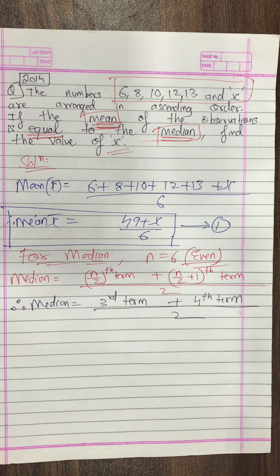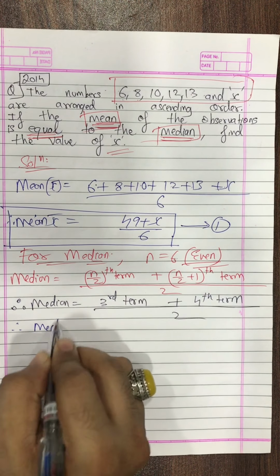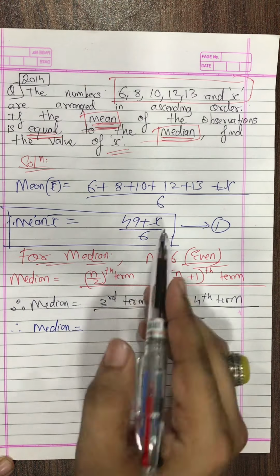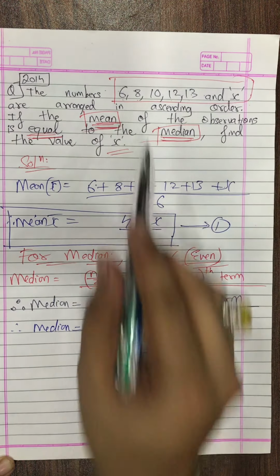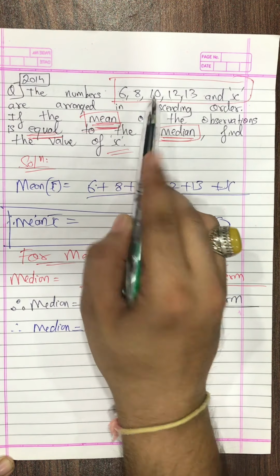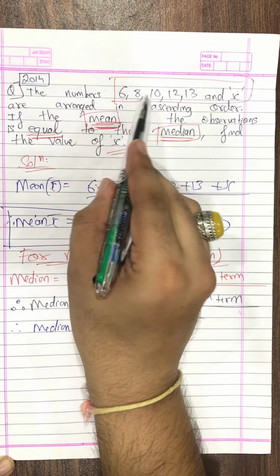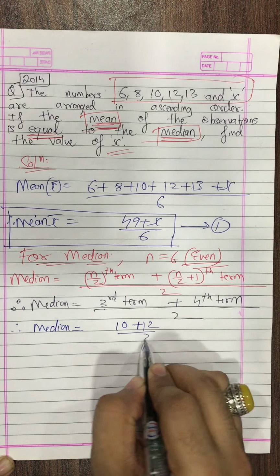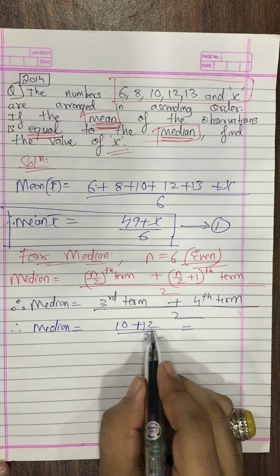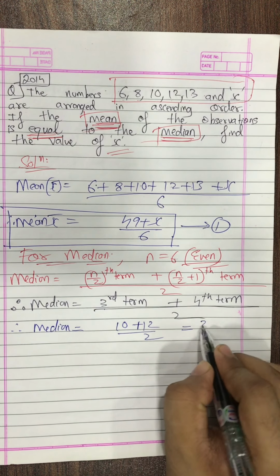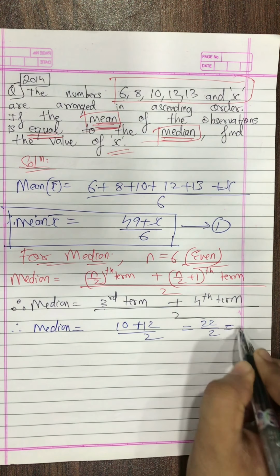Now median will be the third term, as it's already arranged in ascending order. The third term, 1, 2, 3, is 10, plus the fourth term, 1, 2, 3, 4, is 12, the whole upon 2, students. So 10 plus 12 comes to be 22. So 22 upon 2 comes to be 11.